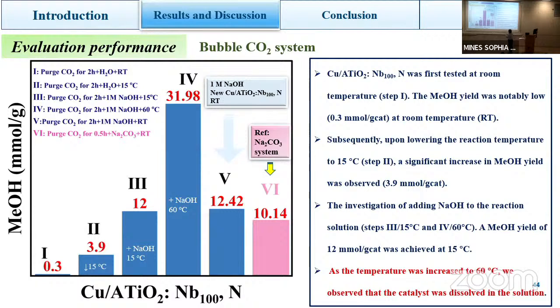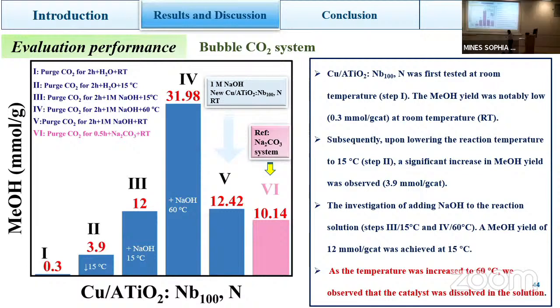This base absorbs a lot of CO2 into the water, and even at low temperature we still get good methanol production. Then with this solvent we raised the temperature to 60 degrees, but at this temperature our catalyst dissolved. It's an interesting finding, but this value is not reliable because the catalyst dissolved.